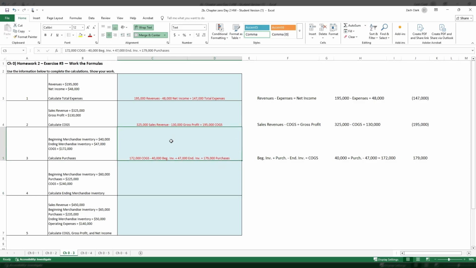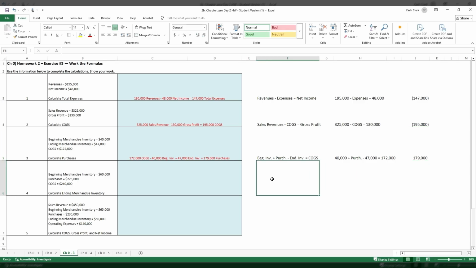Cool. So that's another way to isolate it and write it out in one formula. That's what we're solving for by doing this algebra and formula work.